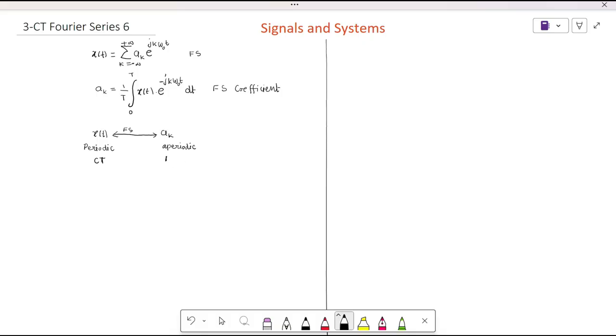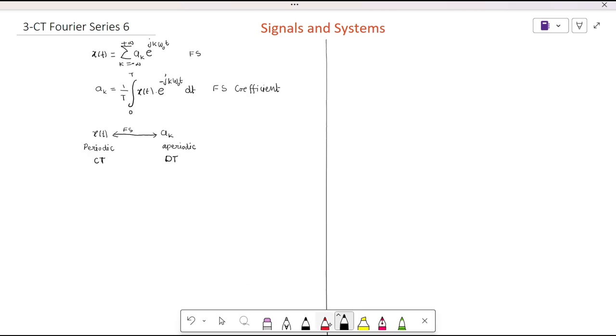It is in a discrete format. These are very important. So x of t is a periodic signal, ak is an aperiodic signal. x of t is continuous time, ak is discrete time. So in CT or DT Fourier series, ak is always discrete.